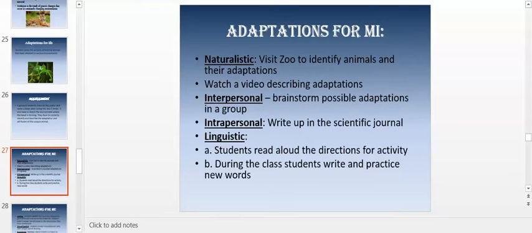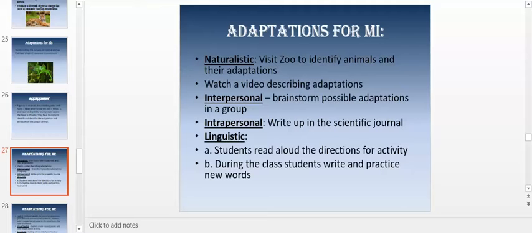The following adaptations for multiple intelligences can be used in this class. We could also visit the zoo to identify animals and how they have been able to adapt to environments. A great way would be to watch a video describing and presenting the adaptations. A group activity for students would be to brainstorm possible adaptations.